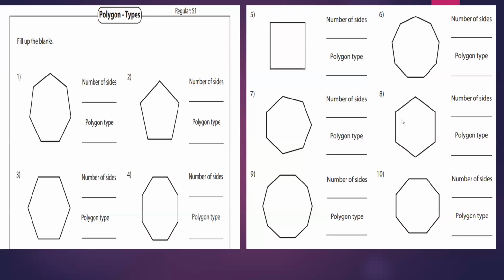Jeremiah, what number are you on? I write all of them down first and put the number, and I write the polygon type now. All right. And Javin, what number are you on? I am number 8. Okay.